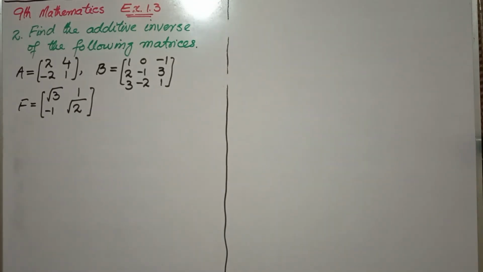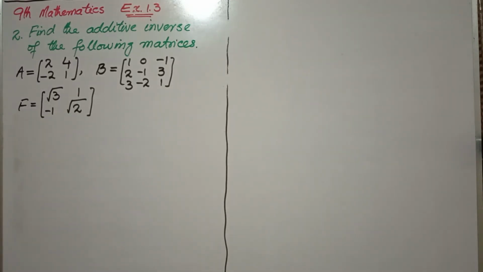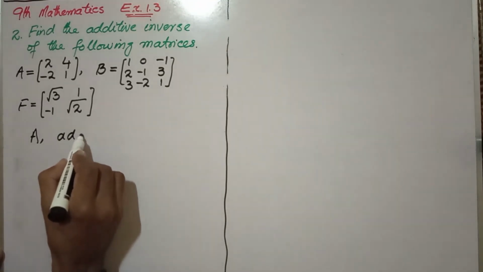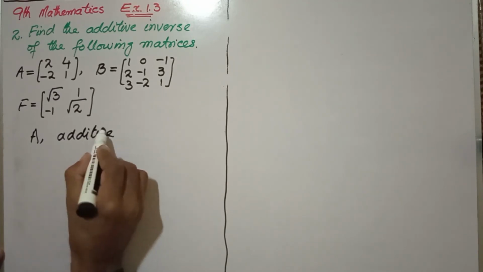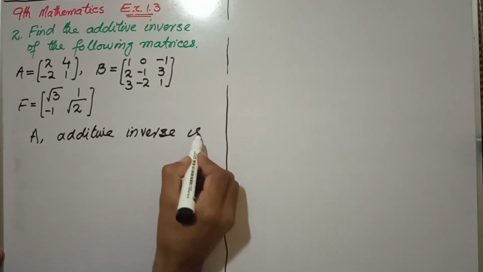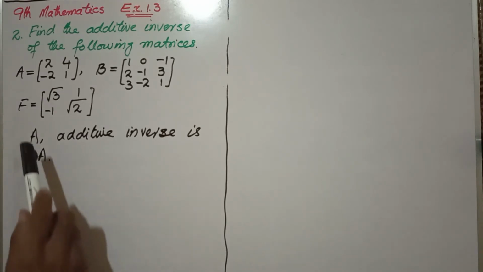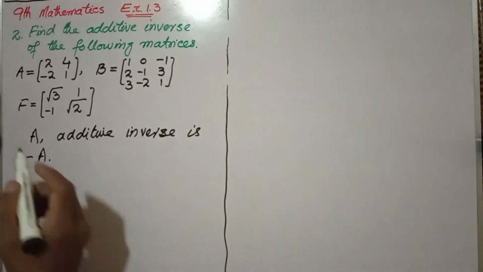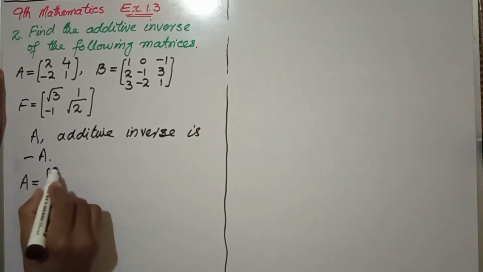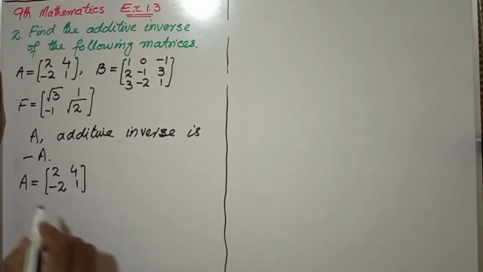Similarly, this is the matrix F. We know that the additive inverse of any matrix A is the negative of A, that is, multiplying the matrix A by negative 1.